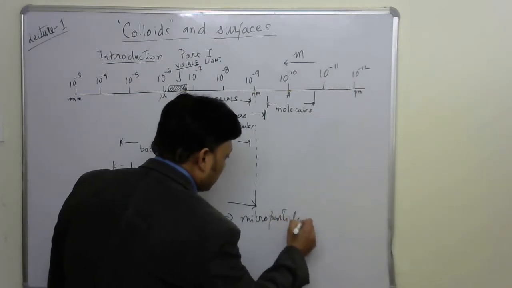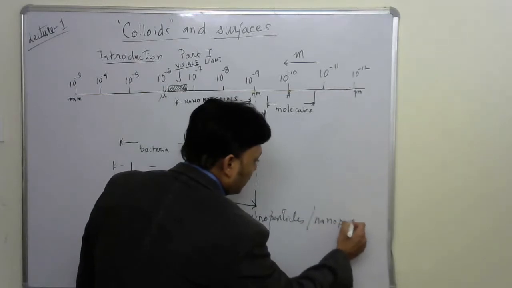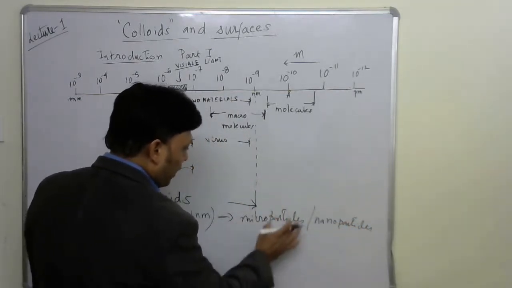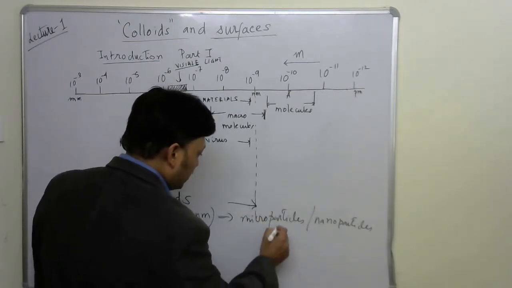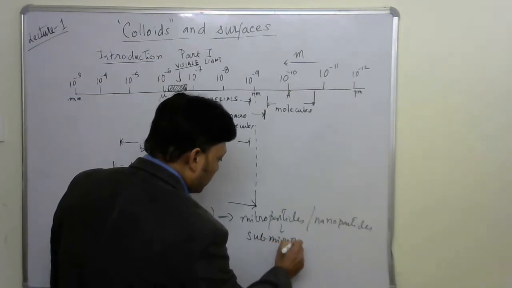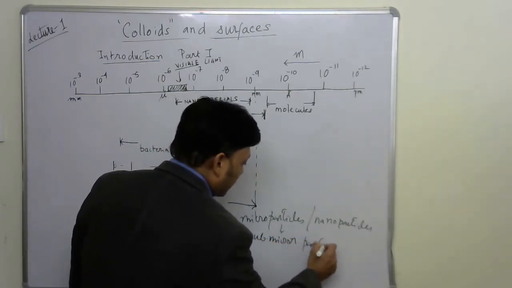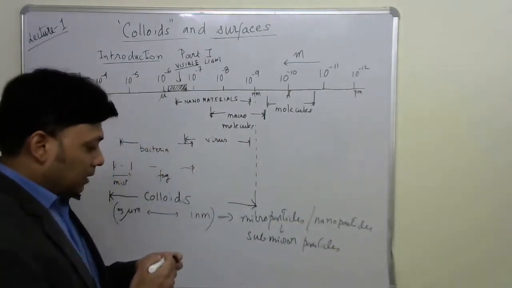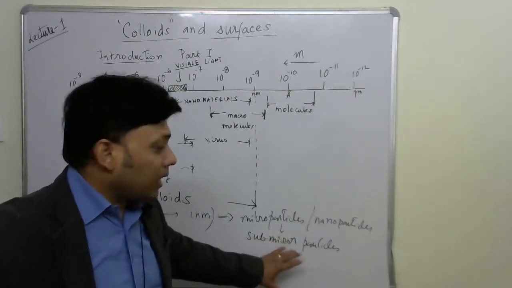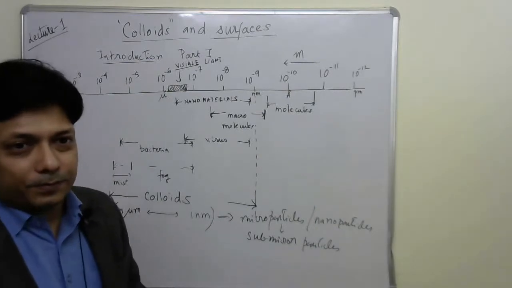The particles which are much bigger than nanoparticles but which we cannot yet call microparticles, we can call submicron sized particles. Those entities would definitely have the capability to form a colloidal phase.